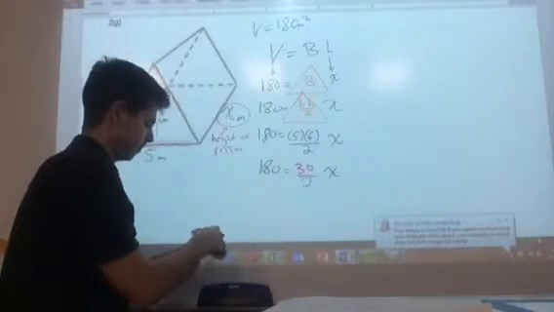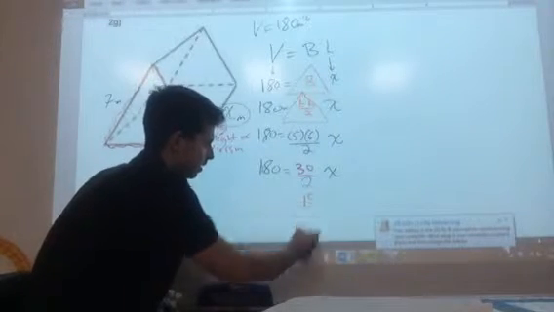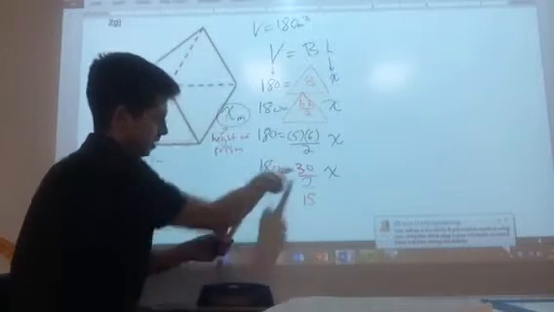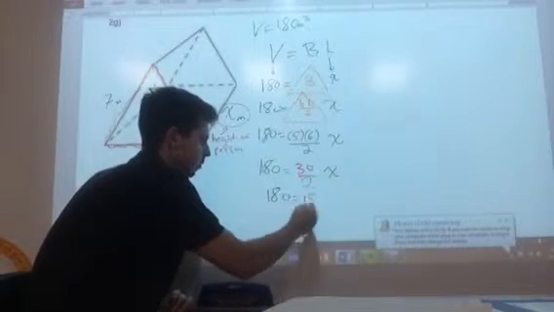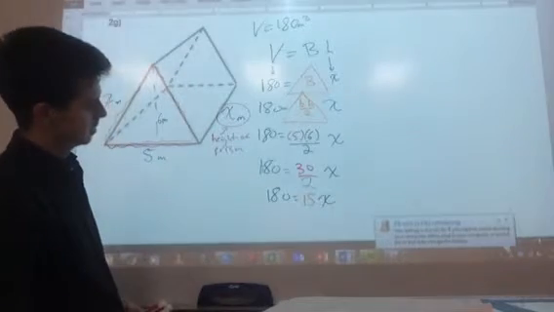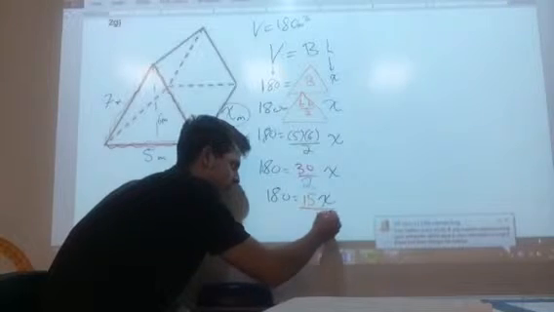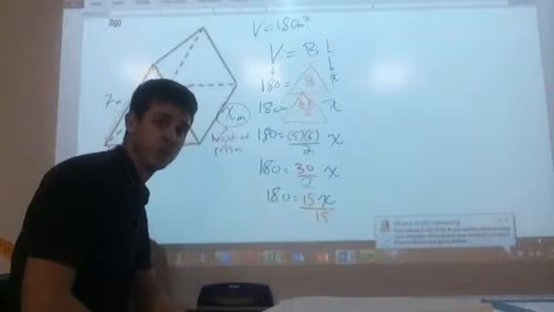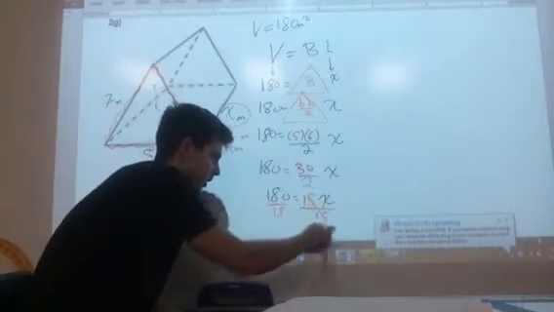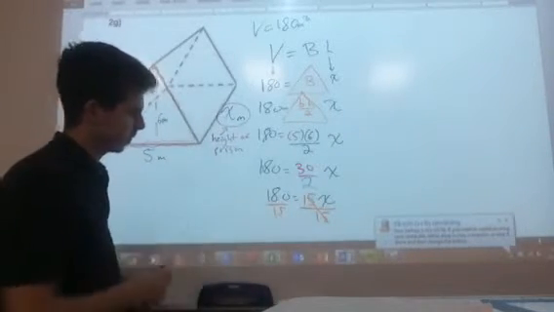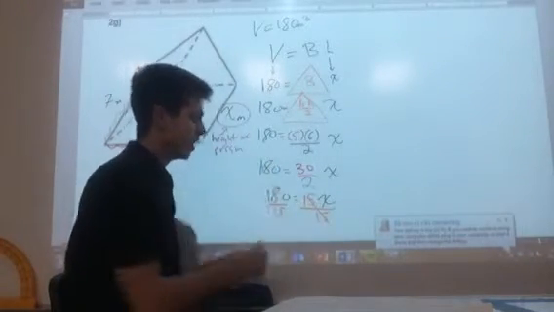Well, let's just keep dividing. 30 divided by 2 gives me 15. So I have 180 is equal to 15x. Now I just need to divide both sides by 15, because this operation is multiplication. What I do to one side, I must do to the other. So these cancel, and now we're left with x is equal to this.